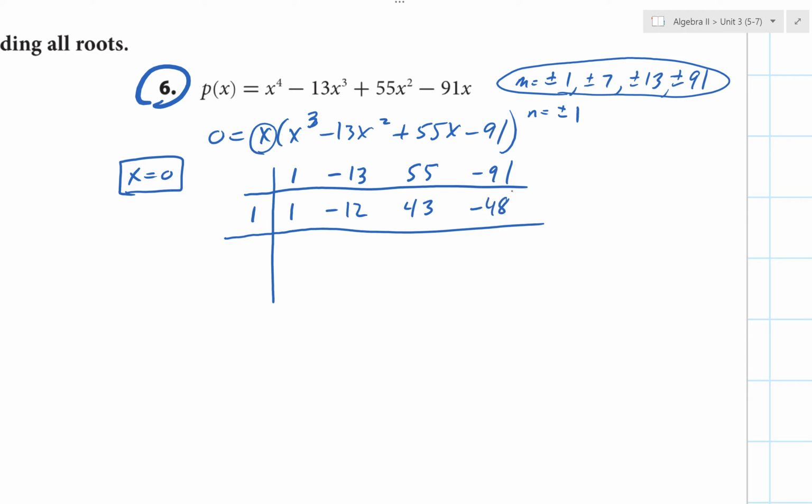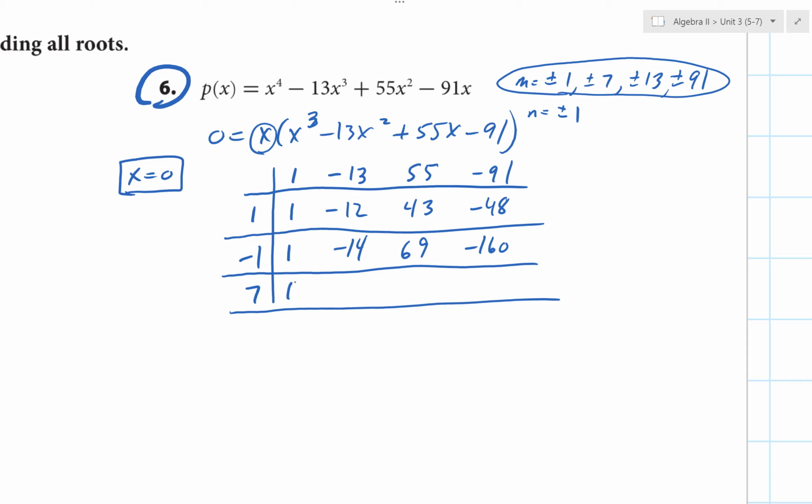So 1 didn't work. So now we try negative 1. Negative 14. And then negative 14 plus 55 is 69. And negative 69 and negative 91 is negative 160. That one didn't work. So now we can go to the next one, 7.